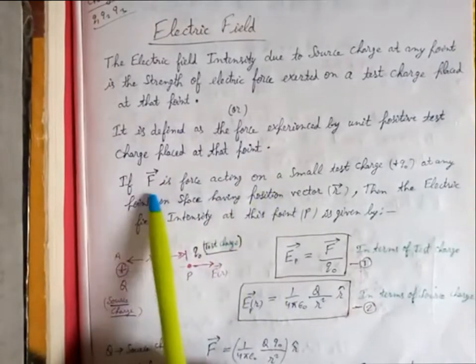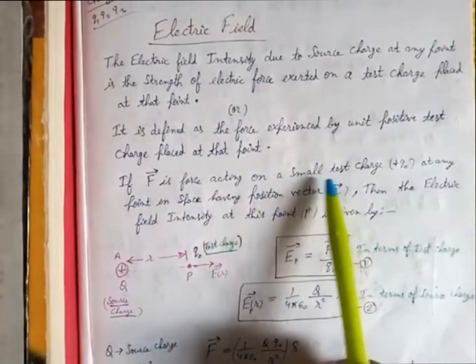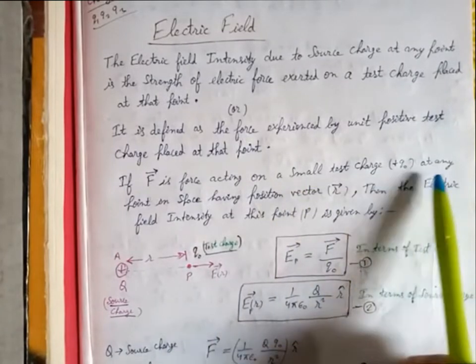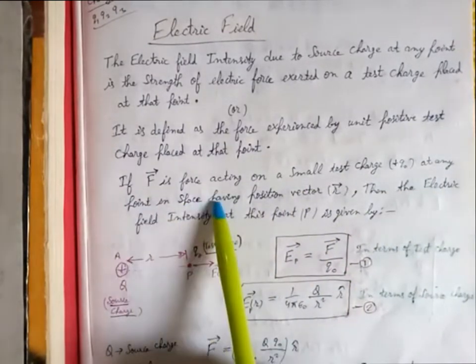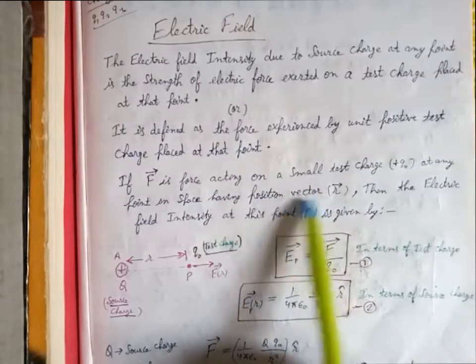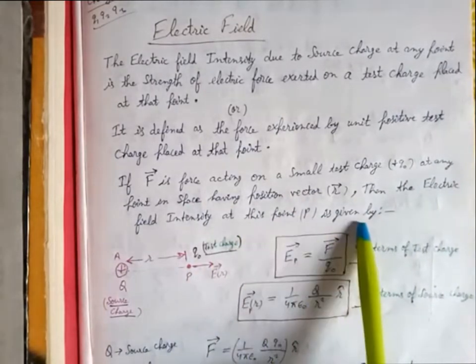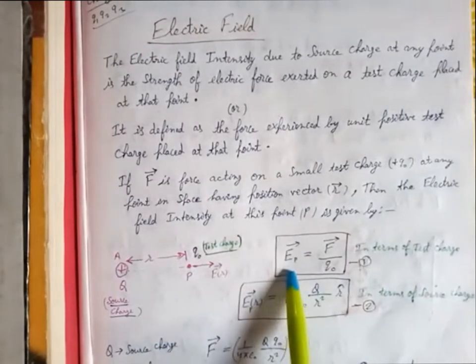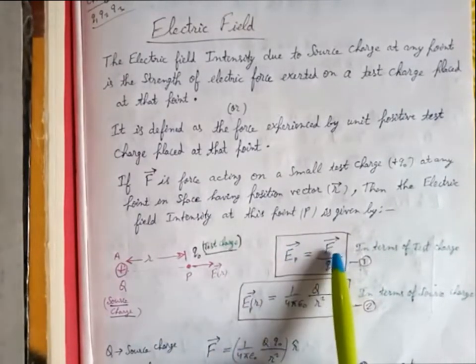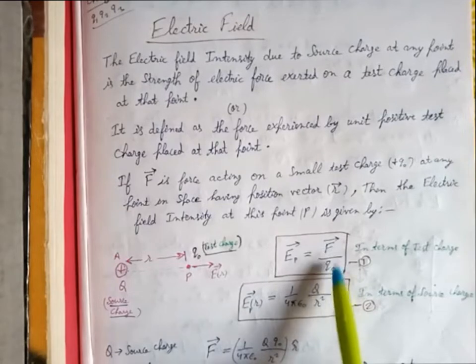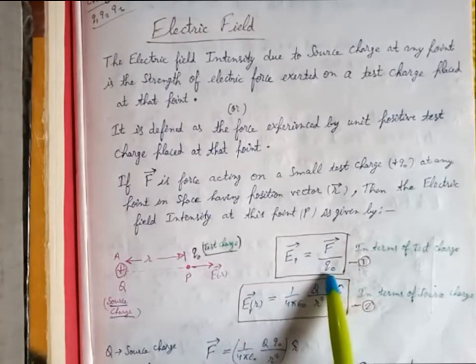Or we can say that if F is the force acting on a small test charge at any point in the space having the position vector r, then the electric field intensity at point P is given by EP, that is equal to the electrostatic force divided by that test charge.